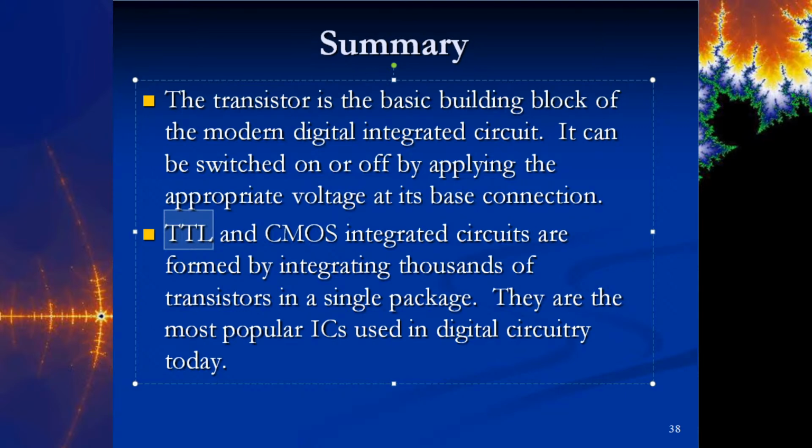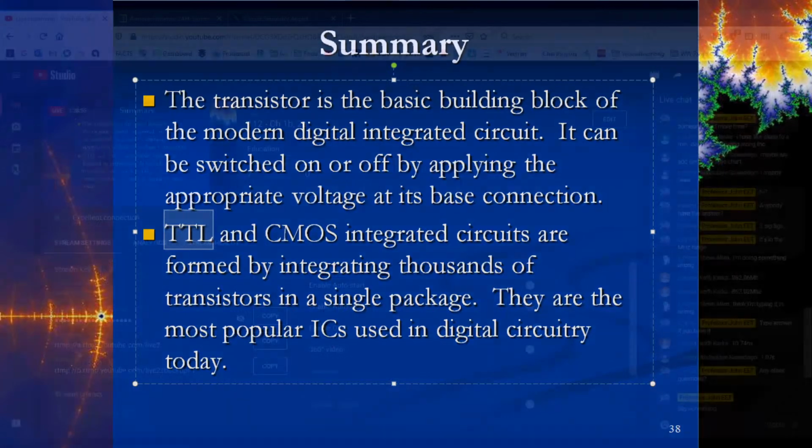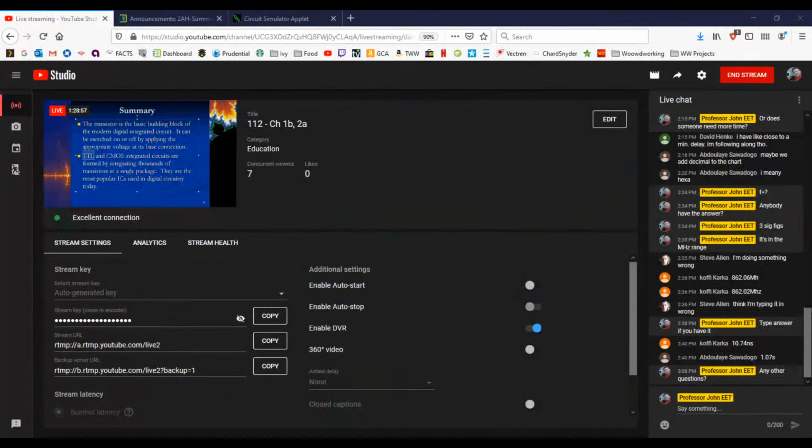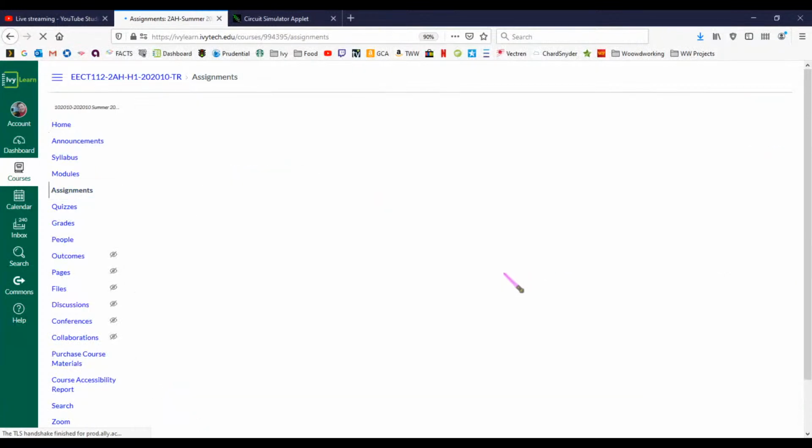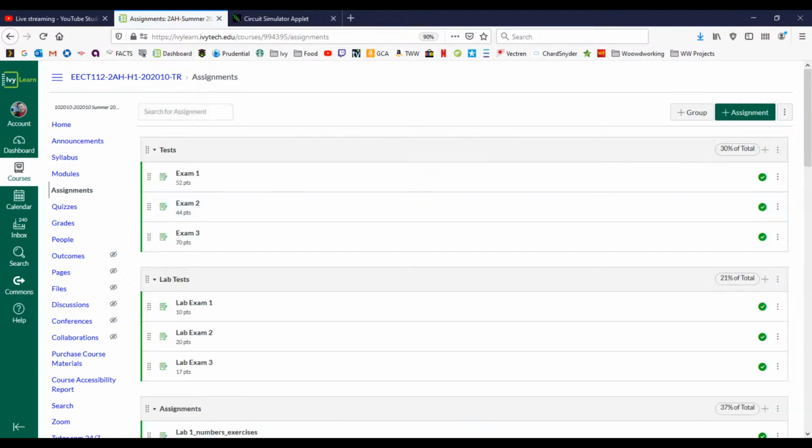And let me quickly go back over to the website so that I can show you what's due for today's lab. And my camera went off, so I'm going to have to finish from here. Okay, so I'm coming up to the assignments. So I'm going to do exactly what I did before here. Am I over here? Yep, I'm over here.